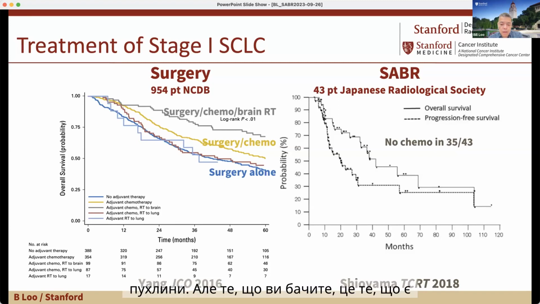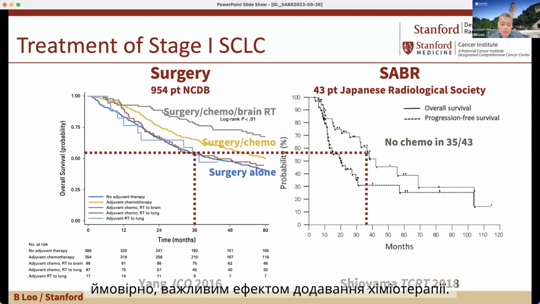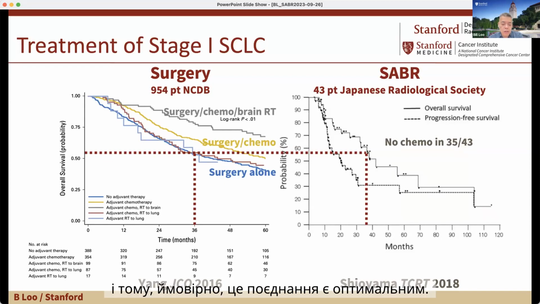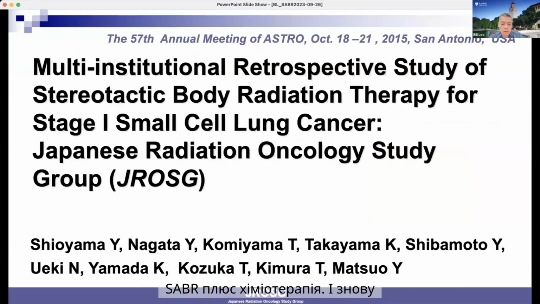But there's likely an important effect of adding chemotherapy. Small cell lung cancer has a higher risk of systemic dissemination, and so it's probably the combination that's optimal, SABR plus chemotherapy.